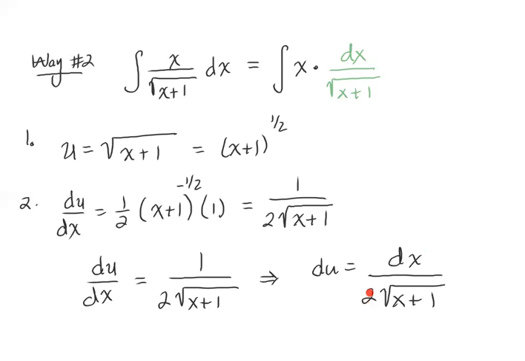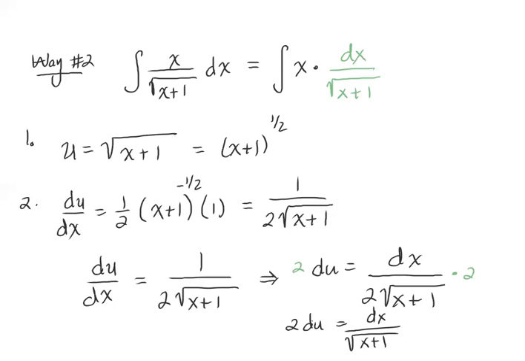Let's see here. Could I potentially multiply both sides of that bottom equation by 2? Let's multiply this side by 2, multiply this side by 2, and then I get that 2 du is equal to dx over the square root of x plus 1.